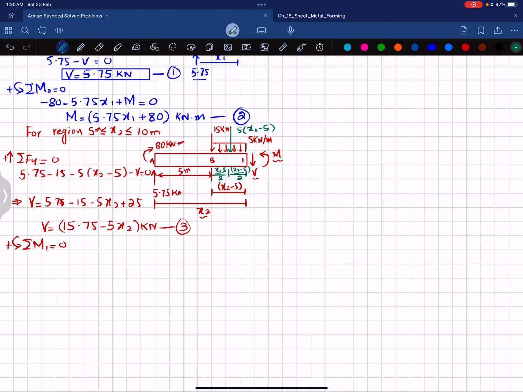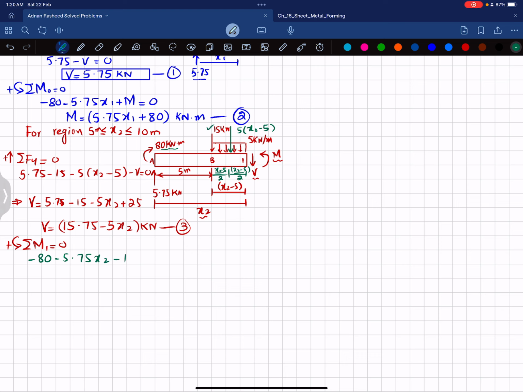The second force that is producing moment about point 1 is this 5.75 and perpendicular distance is x2. This is also clockwise, so it will be negative. So I can write minus 5.75 multiplied by x2. The third moment is due to this load, which is minus 15 into x2 minus 5.